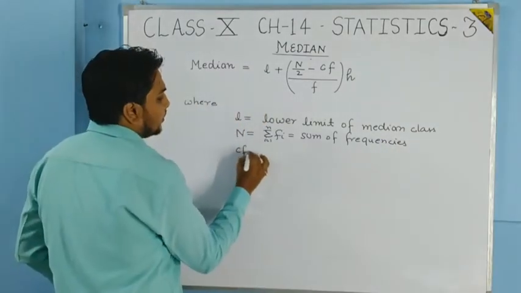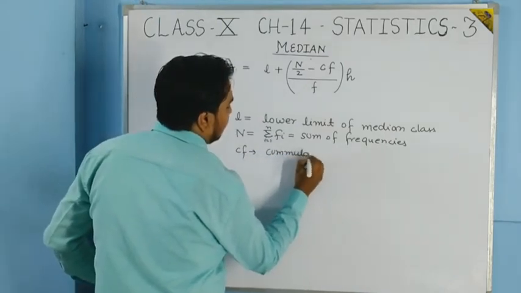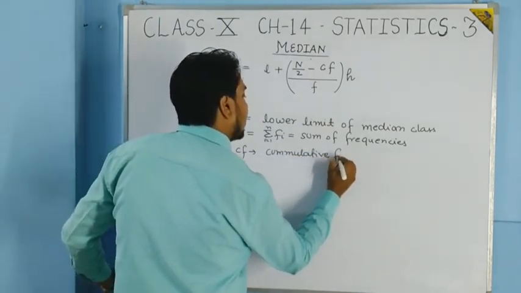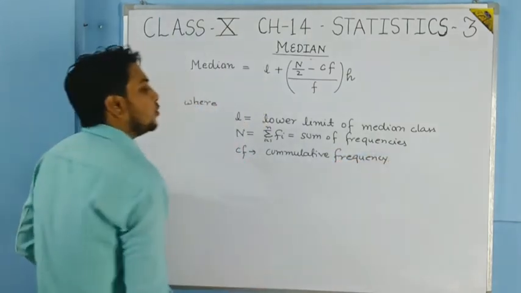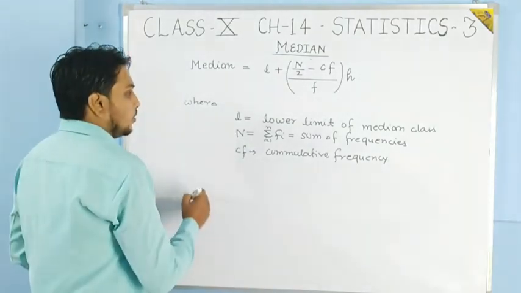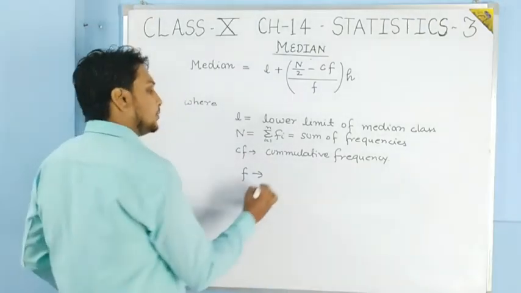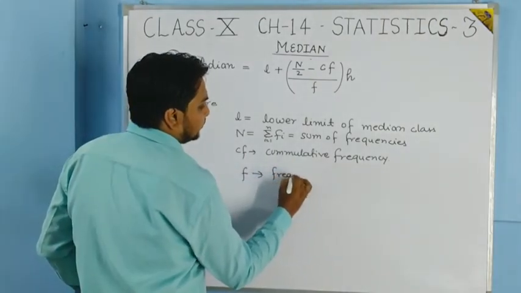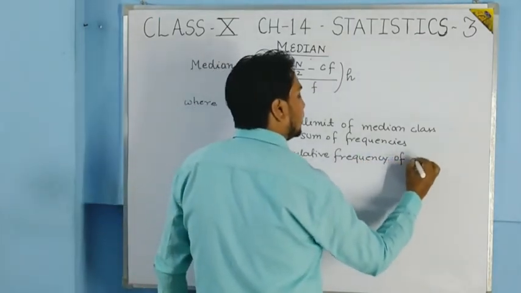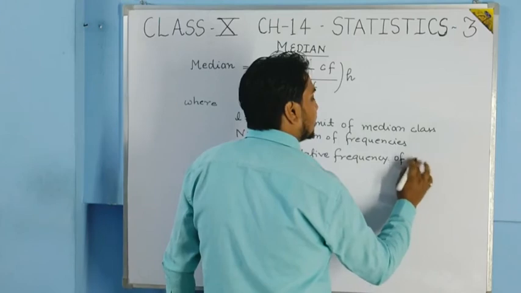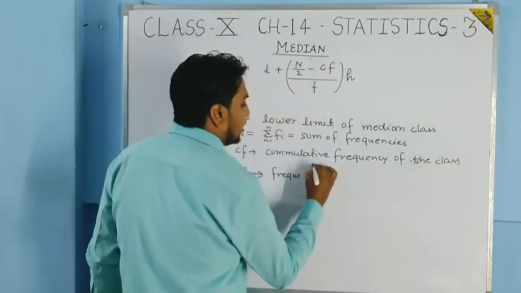CF is the cumulative frequency. What is cumulative frequency? I will tell you when we solve the question related to this. CF is the cumulative frequency of the class preceding the median class.